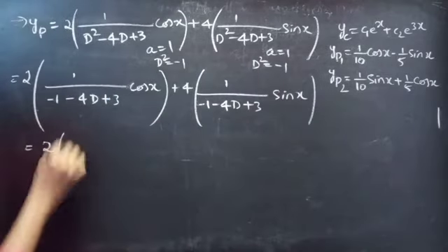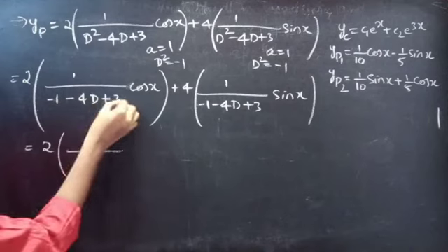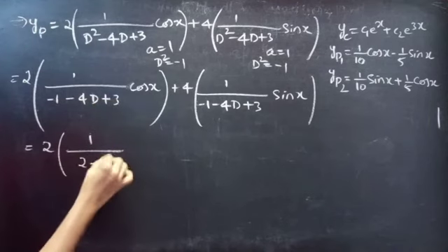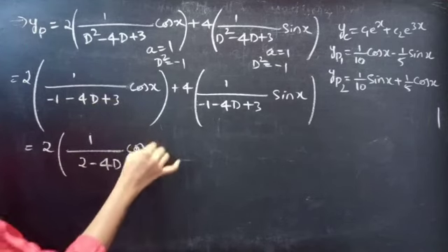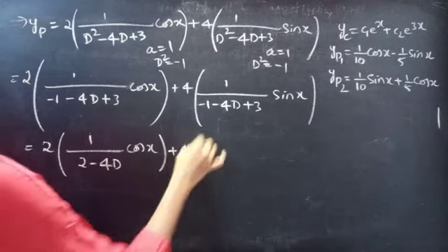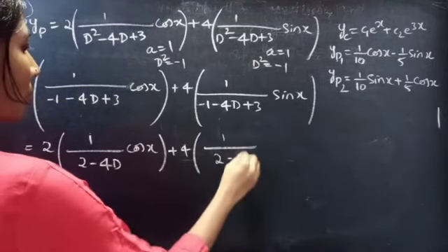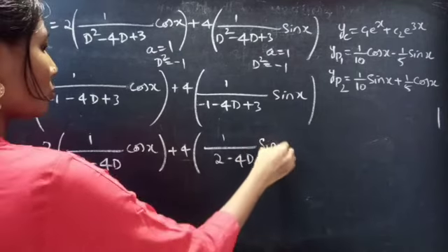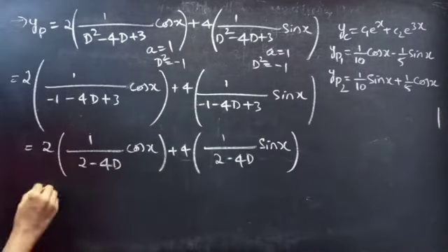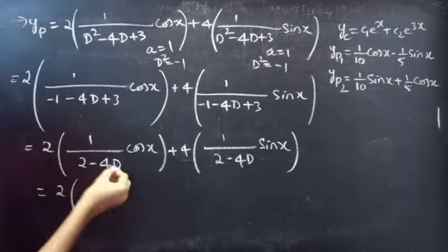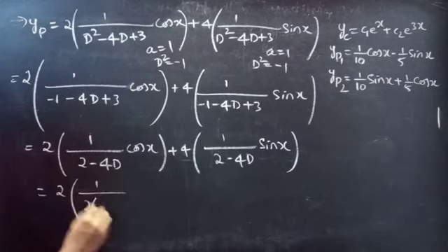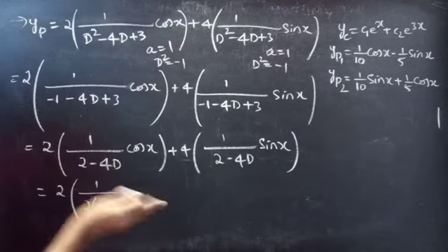Equals to 2 into 1 by minus 1 plus 3 is 2 minus 4d into cos x plus 4 into 1 by minus 1 plus 3 is 2 minus 4d into sin x, which is equals to 2 into, just take 2 common from the denominator, or you can just go with this.